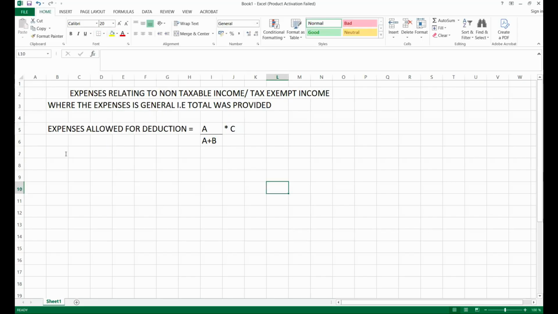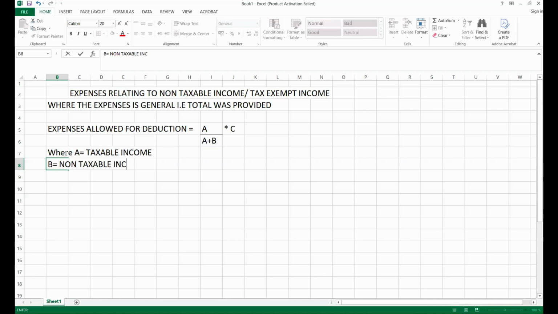What is our A? A is equal to taxable income, B is equal to non-taxable income, and C will be the general or total expenses.